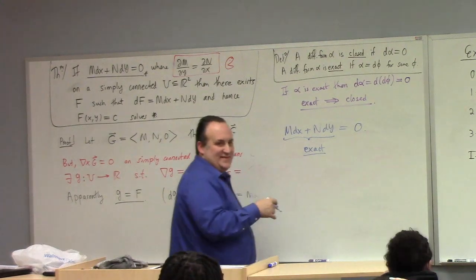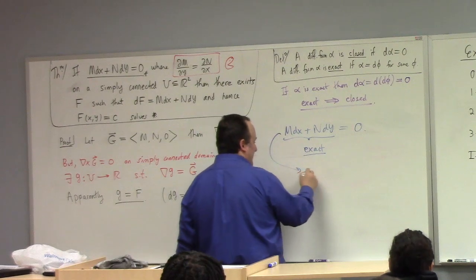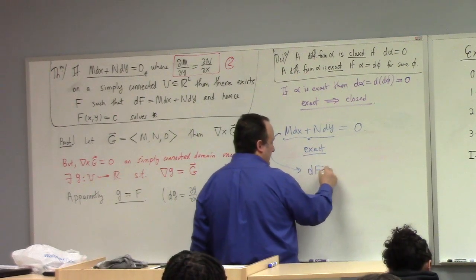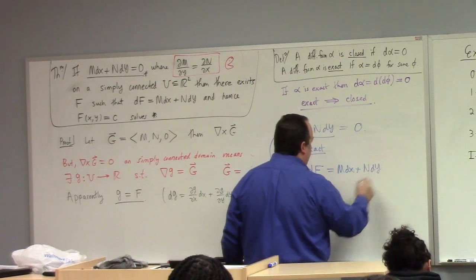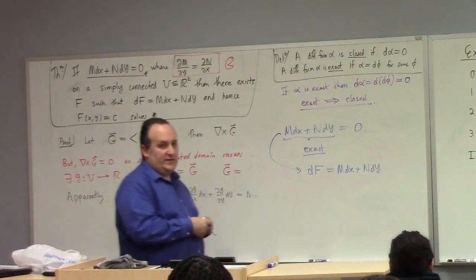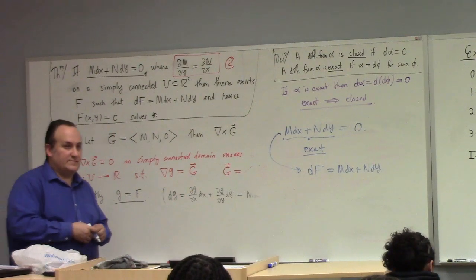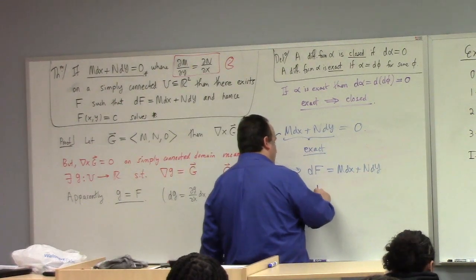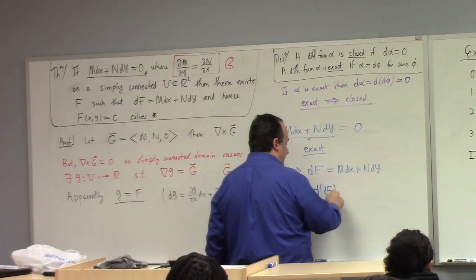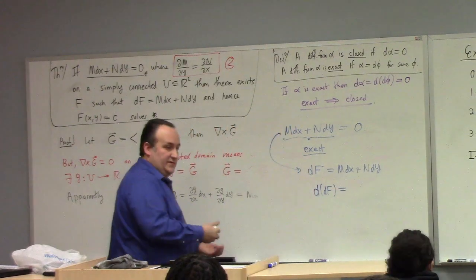Well, that's the closed condition. But exact technically means that this can be written as the differential of f. That is literally the definition I should give you for an exact equation: it's the total differential of a function. If that's true, what is d of df equal to? It's equal to 0, right? But what else is it equal to?